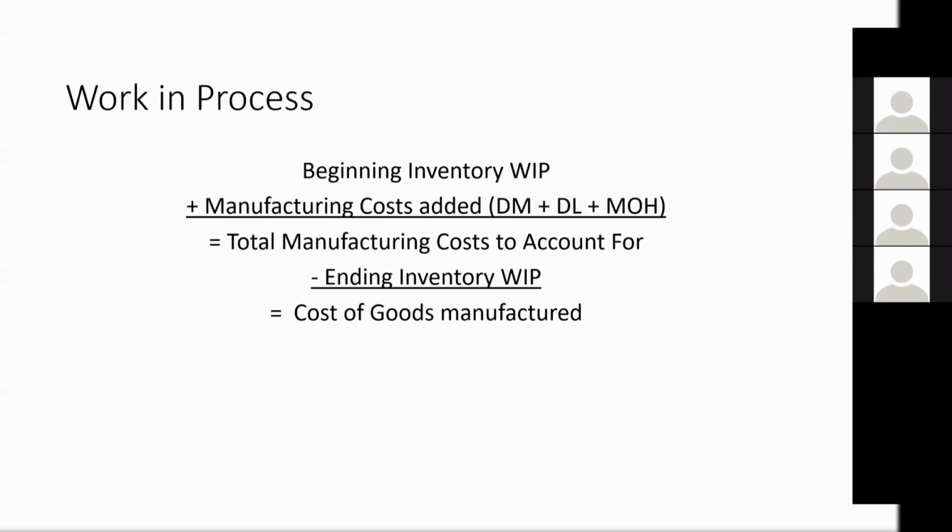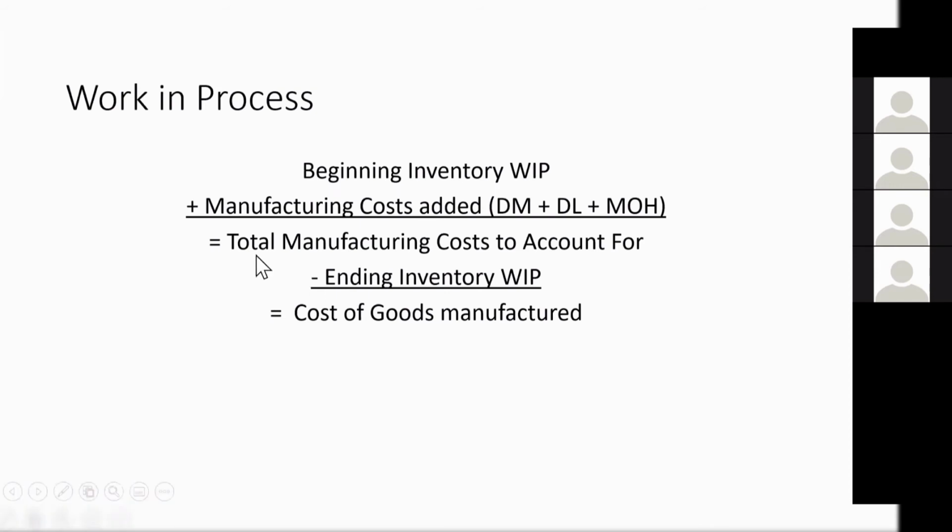And again, notice here, it's made up of direct materials, direct labor, and manufacturing overhead. So we take that 150 that we had at beginning work in process, and we add the $1,000. That would give us $1,150 in the work in process account. At the end of the month, there were 12 cakes in inventory at a total cake cost of $350. That means the cost of goods manufactured would be $800.